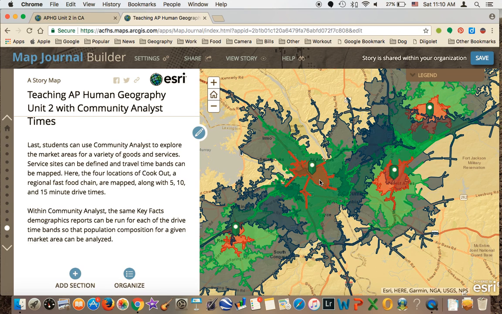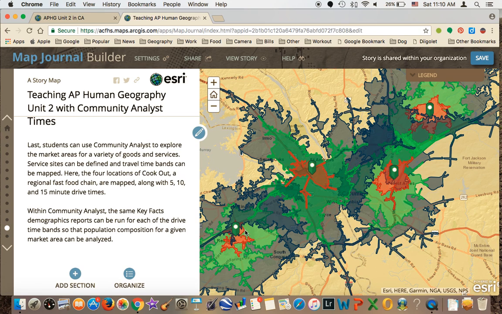And so now there's some patterns we can start to explore. What's cool is within Community Analyst, we can click on each of the 5, 10, and 15-minute drive time patterns and get those same key facts infographics that I was showing you earlier. And so we can look at how the population, the median age, the income, the education alters or changes as we go out to these different drive times.